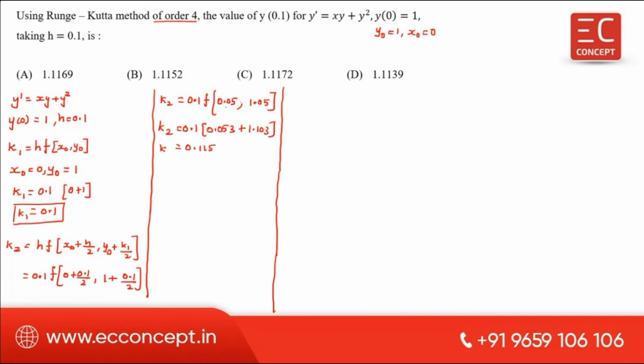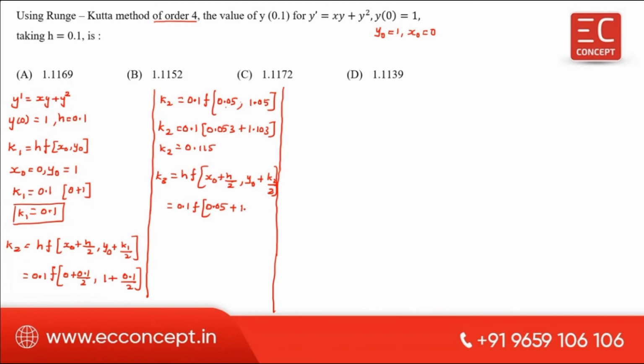This is k2. Similarly, k3 is equal to h into f of x naught plus h by 2 comma y naught plus k2 by 2, which is equal to 0.1 into the function. We have already done 0.05 plus y naught plus k2 by 2.